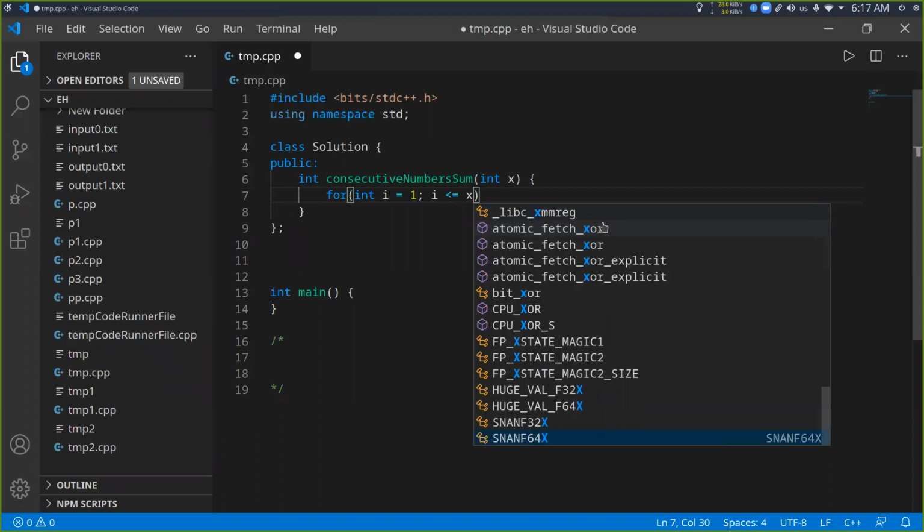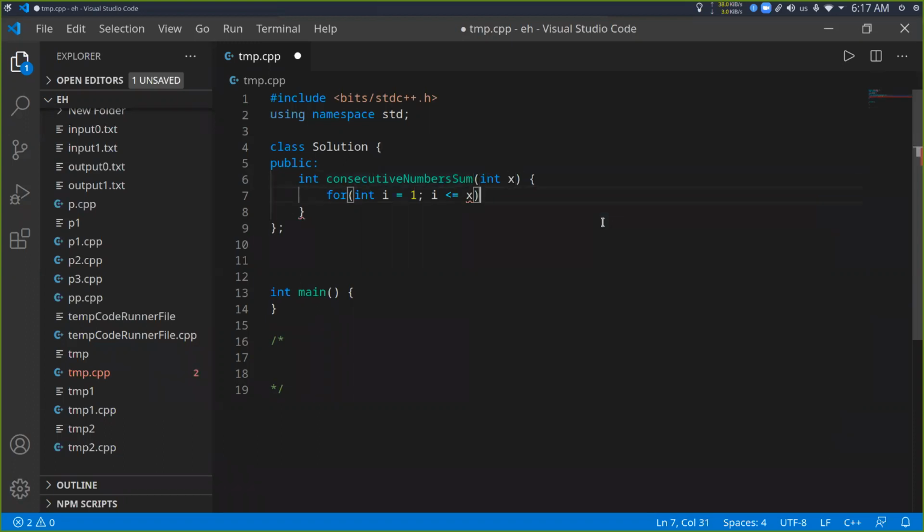Why? Because we are matching i starting from 1, and the sum of these consecutive integers should not exceed x. So I want to make sure that i times i plus 1 over 2 is less than or equal to x.